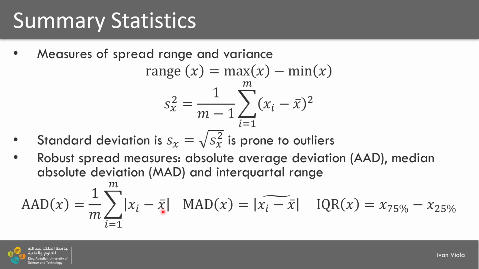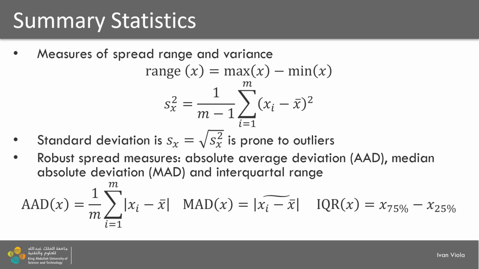If there is an outlier, the difference is large, and if it were squared, it would be even larger. So here we have just the absolute difference, which is simply summed up and divided by m.